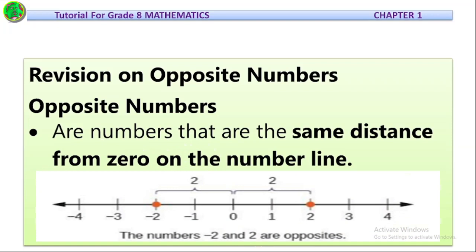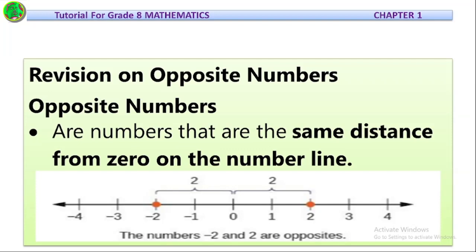Now look, from 0, when we take positive 2 from 0 to the right side and from 0 2 units to the left side, we can get negative 2. So according to the definition, the same numbers having the same distance from 0 on the number line means we can count 2 units to the right of 0 and we can count 2 units to the left side of 0.